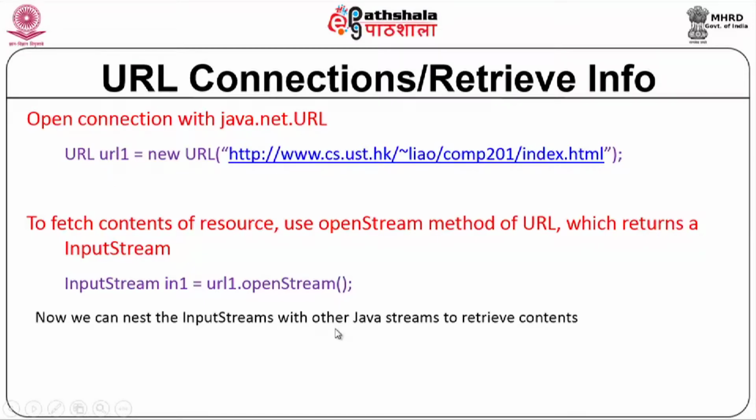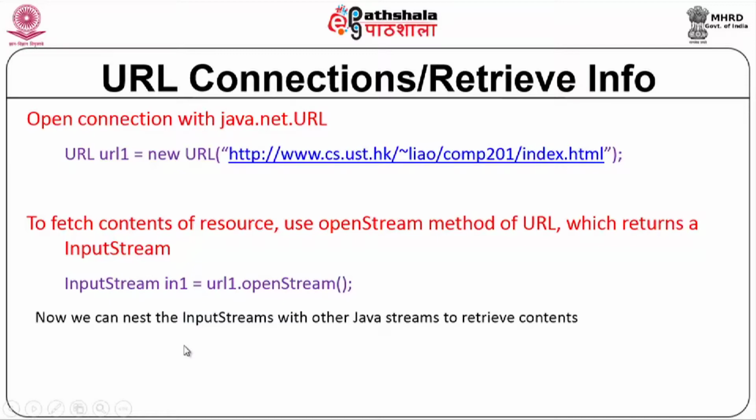To fetch the contents of the resource, we use the openStream method of URL, which returns an input stream. The URL object we have created is url1, so url1.openStream(), which is an instance method of the URL class, returns an input stream object like in1.